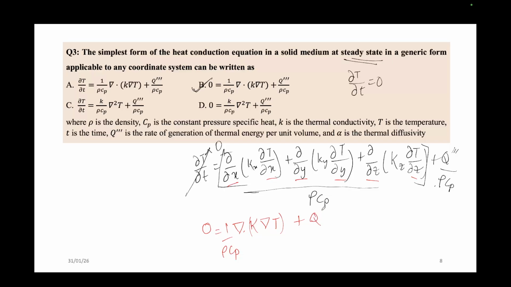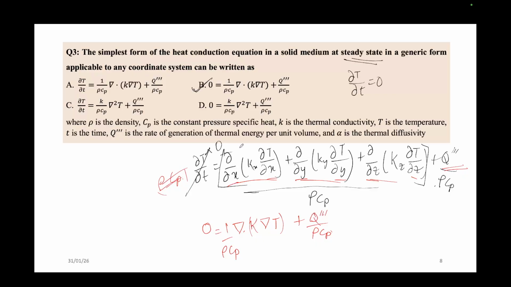And remember one thing, in the above equation, when rho Cp was there with del T, this term and all of these terms are in per unit volume terms. That means this is Q triple dash, your heat generation, right?